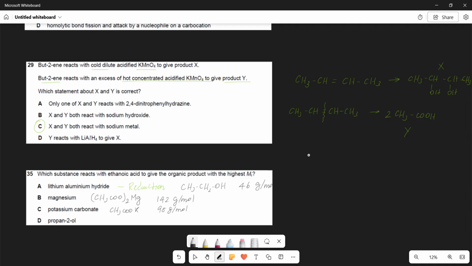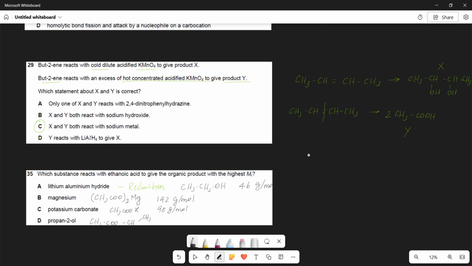When it is reacting with propan-2-ol, it's going to be an ester, CH3COOCH(CH3)2, isopropyl ethanoate.